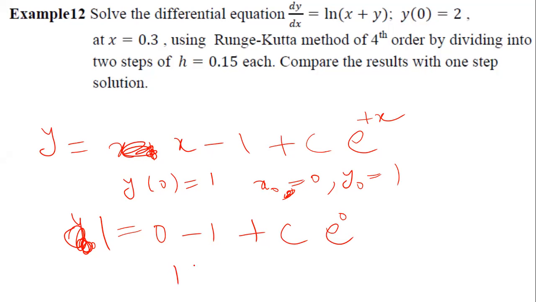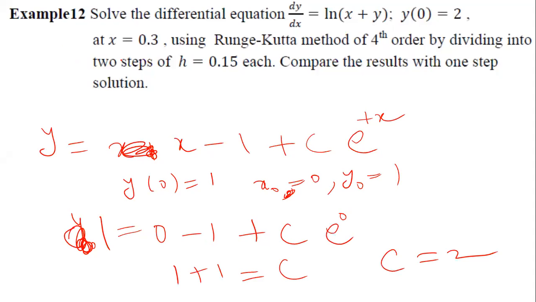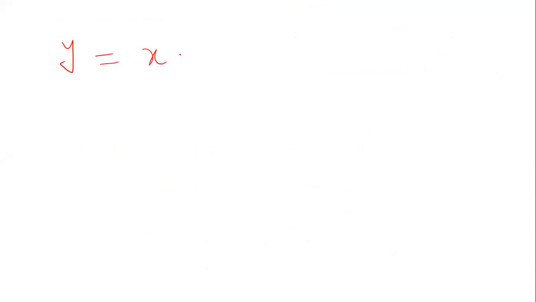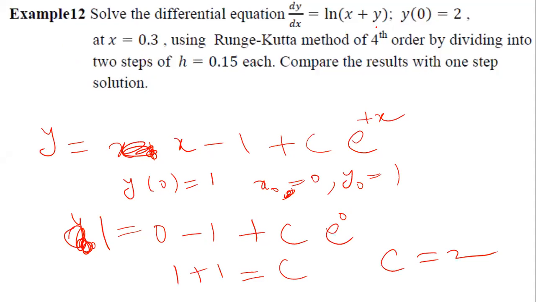So this will be 1 minus 1. If you transfer to the right hand side, this will be 1. c e to the power 0 is 1, so c will be 2. If you have c as 2, then your functional form is y equal to x minus 1 plus 2 e to the power x. So this is the functional form we have.